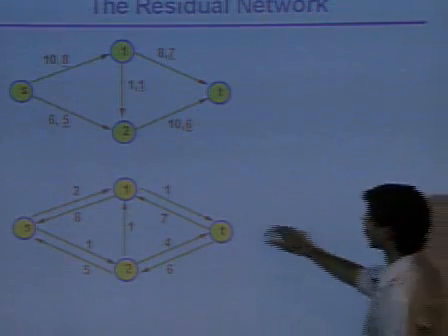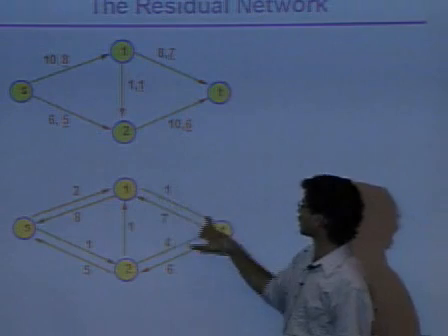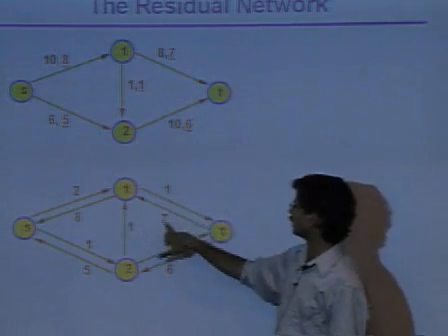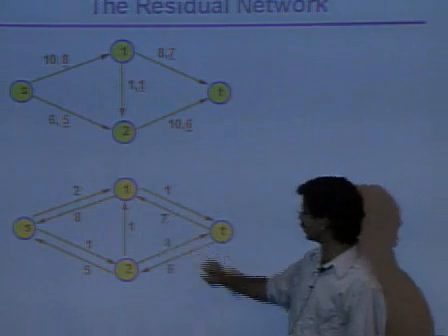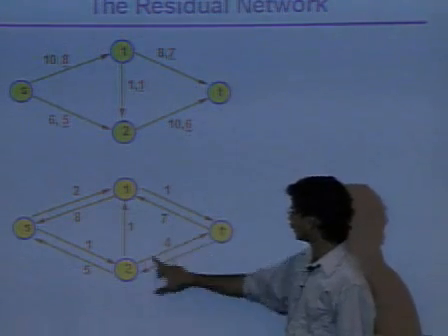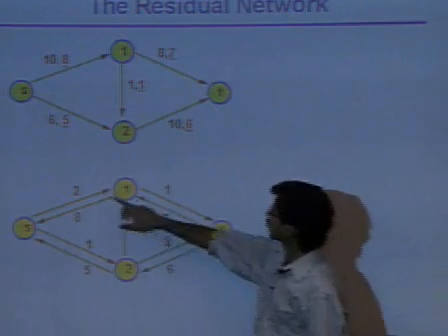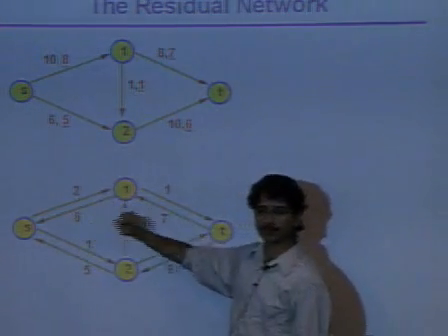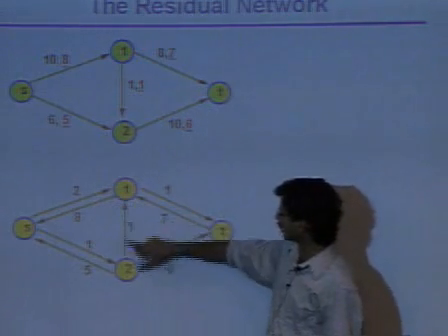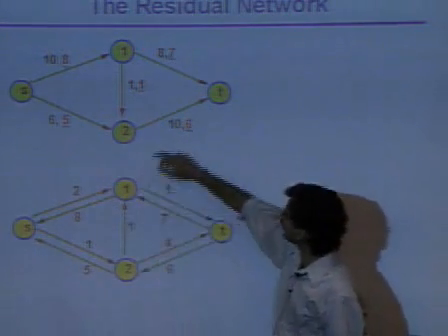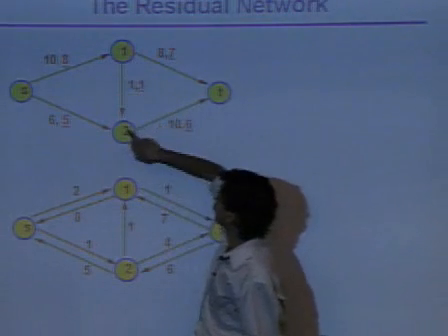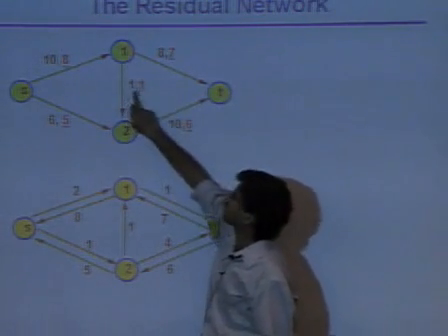If you look at the arc 1 to T, the forward capacity is 1 and the backward capacity is 7. Likewise here, there's 4 and 6, and likewise here, 2 and 8. And if you look at the original arc from 1 to 2, in the forward direction it's saturated.